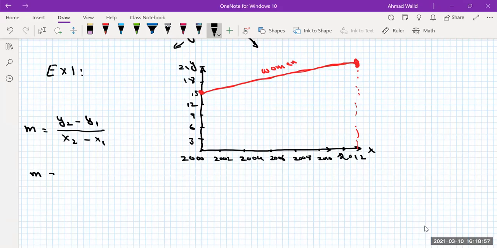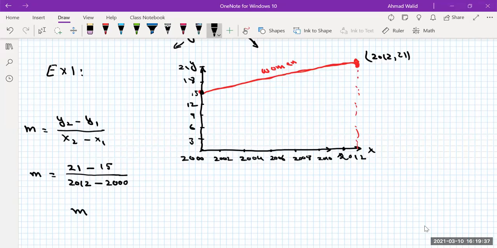This is actually your x2, y2. x2 is 2012, y2 is 21, correct? Then you can say 21 minus y1, this point is x1, y1, which is x1 is 2000, y1 is 15, over x2 is 2012 minus x1 is 2000.